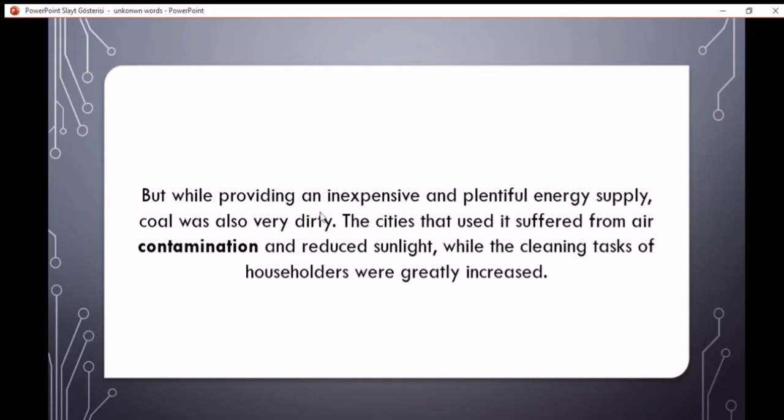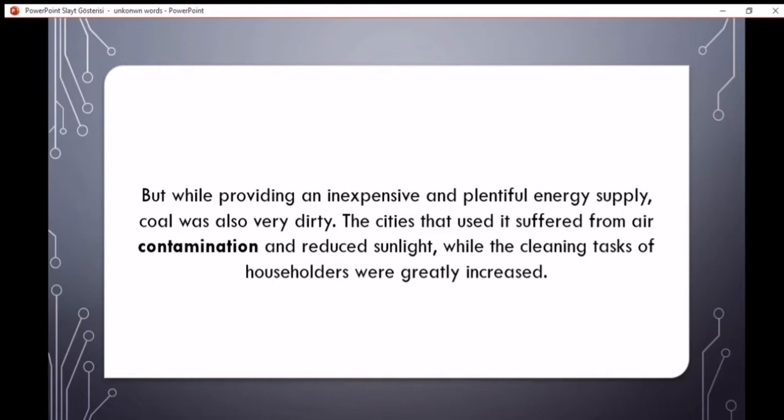But it's dirty, 1. Suffer, 2. Reduced sunlight, 3. Cleaning task increase, 4. There are 4 words or chunks that show us that the tone of this is negative. So then I can simply assume that the adjectives that are used here could be negative.